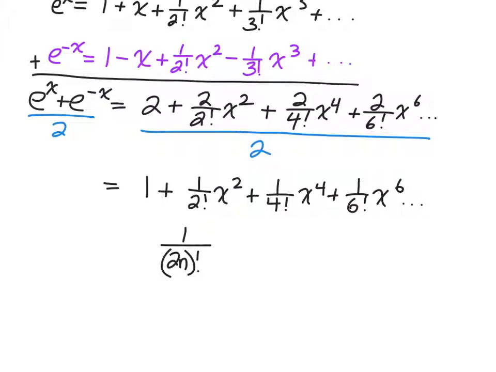Numerator is 1 in each case. It's not alternating, so I don't have to worry about a negative 1 to a power. X to the even powers, but more importantly, the same even powers as my denominator. So I called my denominator 2n, so my powers would be 2n.